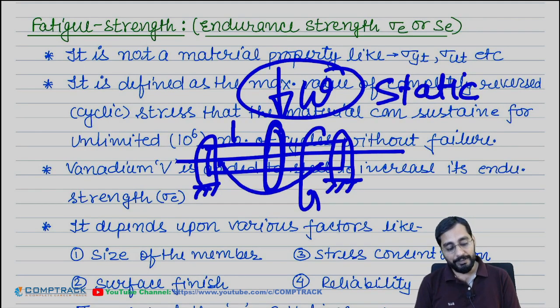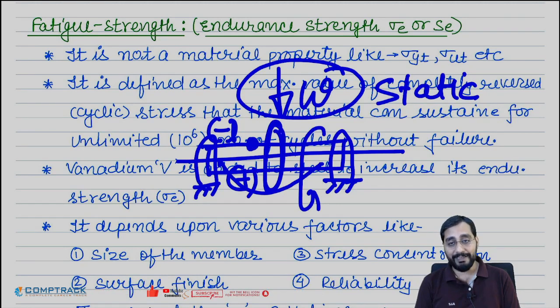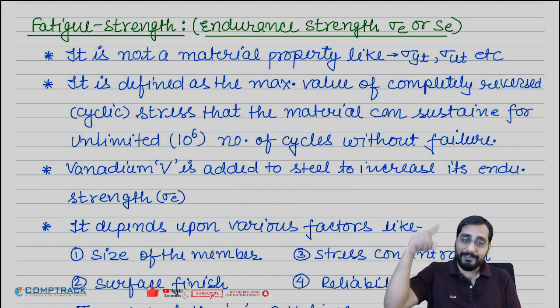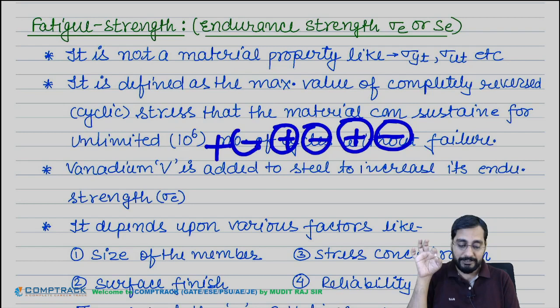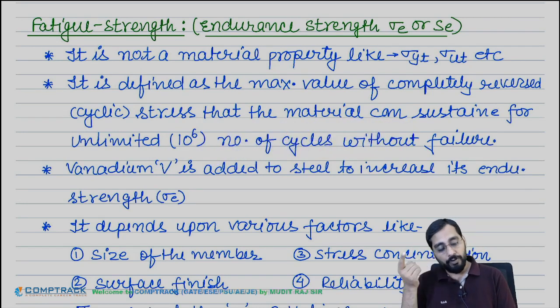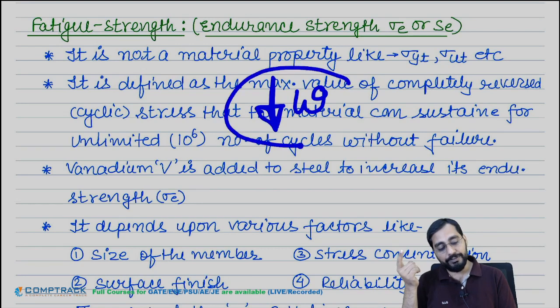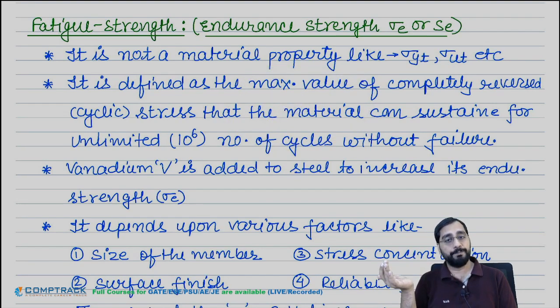So this side will be compression and this side will be tension, and the point or material will be rotating like this. So each point of the material will feel tensile, compressive, tensile, compressive stress like this. So the nature of stress is actually cyclic. Load W here can be static, but the nature of stress in the material will be cyclic.